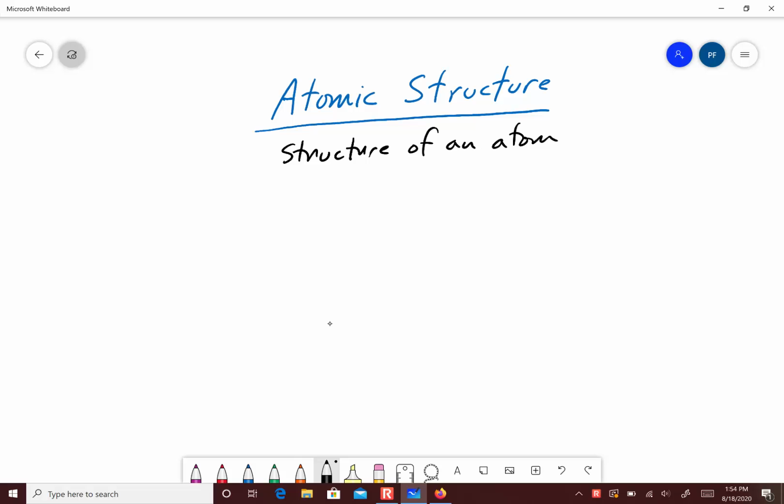And now, all atoms are made of what are called subatomic particles. The prefix sub means below or smaller or less than, right? So these are particles that are smaller than the atom itself. There are three subatomic particles that we'll find.